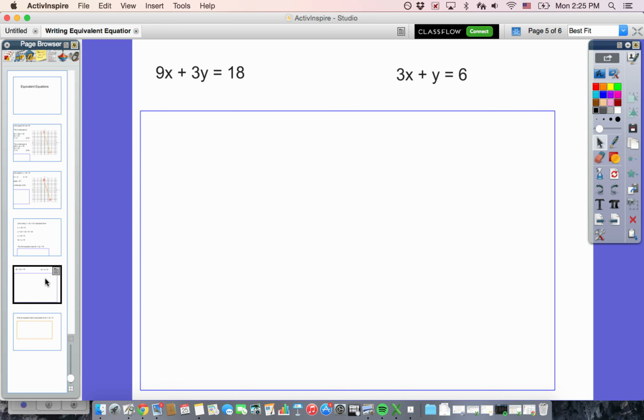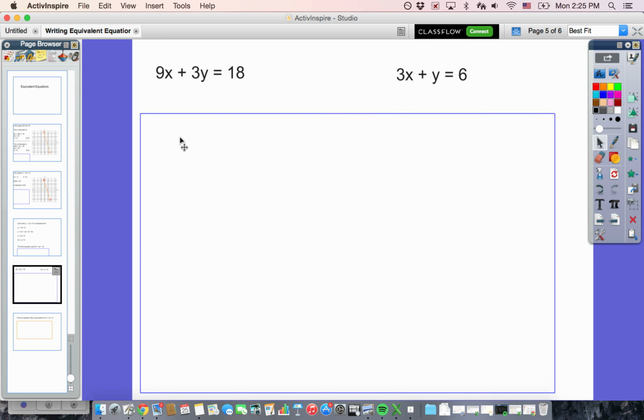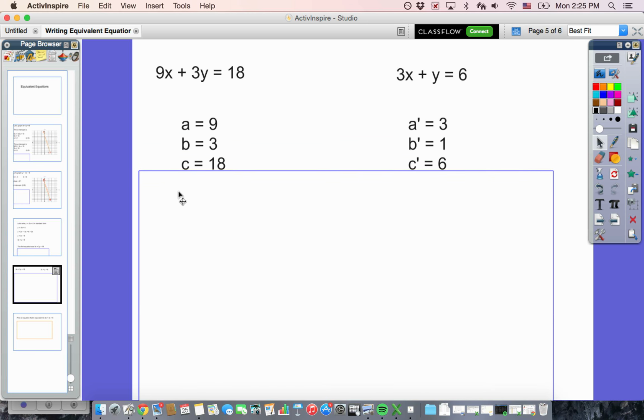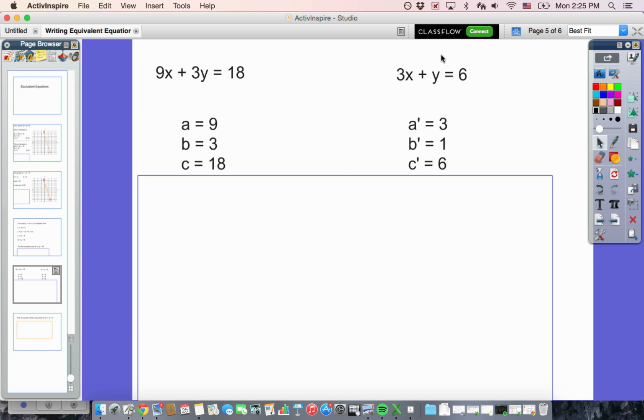Let's compare these two. In the first equation, a is 9, b is 3, and c is 18. In the second equation, a is 3, b is 1, and c is 6. We have primes for a, b, and c here because we don't want to confuse them with the a, b, and c of the other equation.